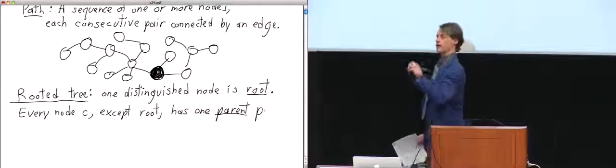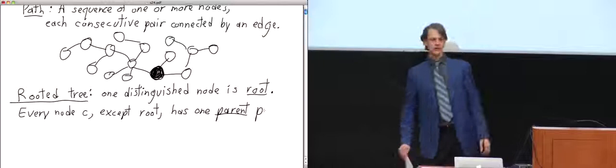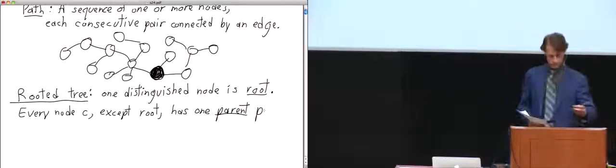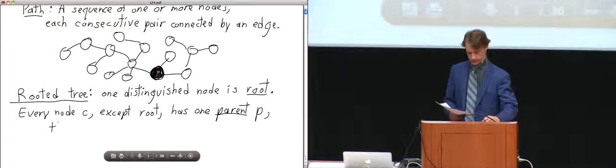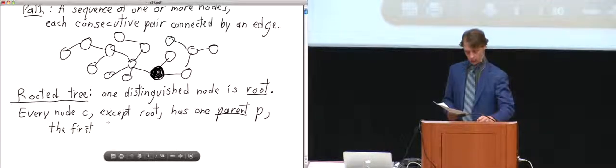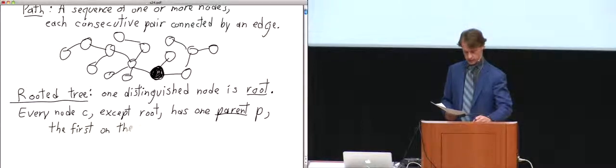One and only one parent per node, unless you're the root and you don't have a parent at all. And the parent is defined to be the first node that you travel past if you walk on the path from C to the root.